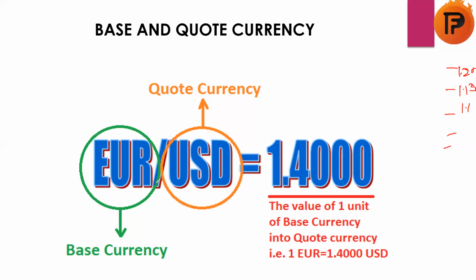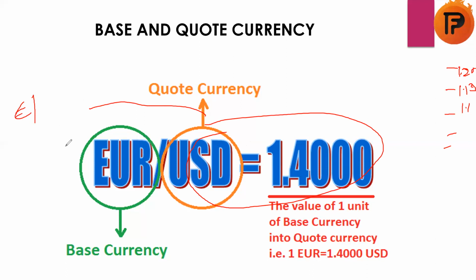Let's say at this time EUR/USD was 1.4000. That simply means you need 1.400 dollars to have 1 euro.